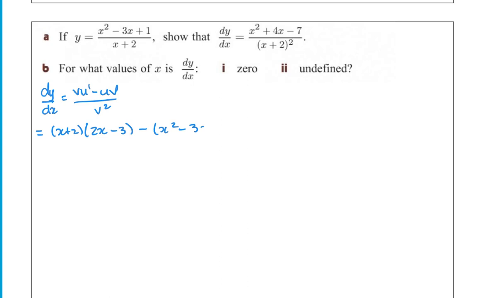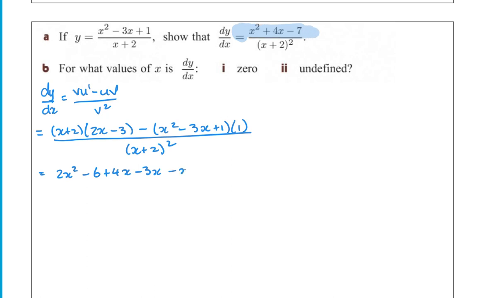And v dash, which is just 1. All over v squared. Keep the brackets because it's all of it squared. Now we need to expand this out and simplify because we're showing that it equals this.